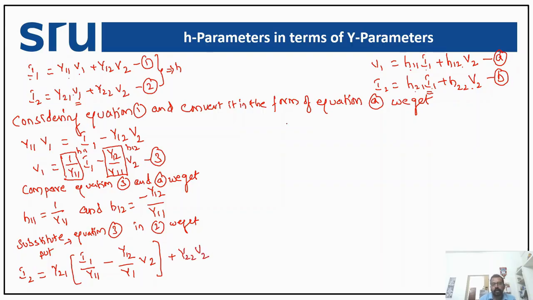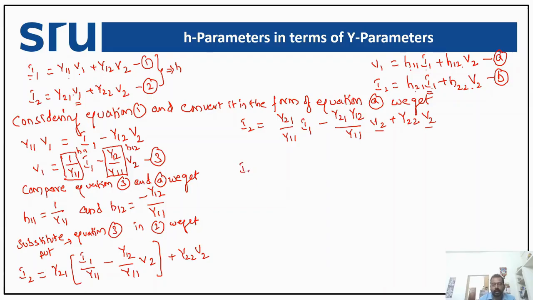Now try simplifying this equation. We get I2 is equal to Y21 divided by Y11 I1 minus Y21 Y12 by Y11 V2 plus Y22 V2. Now we have V2 and V2, try to take common.